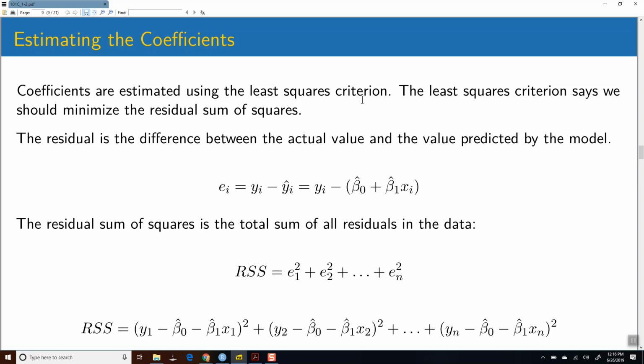And someone else says, no, no, no, the slope should be 3 and the intercept should be 2. Well, how do you decide which one does a better job? Okay, well, we decide which one does a better job by looking at the total sum of squares.